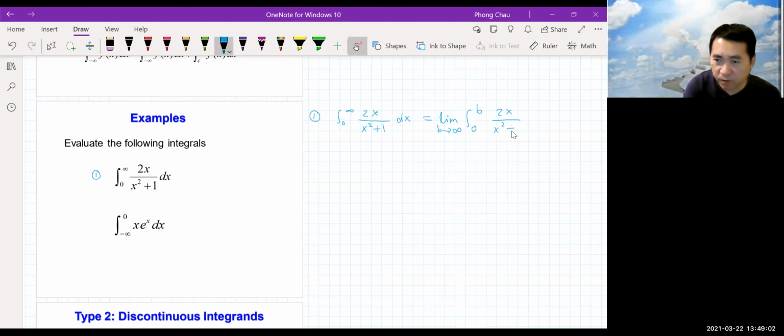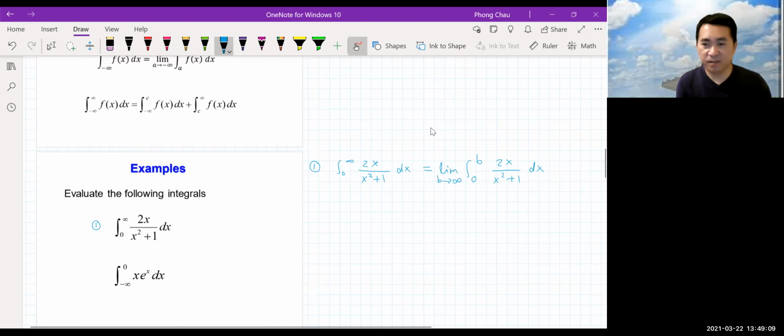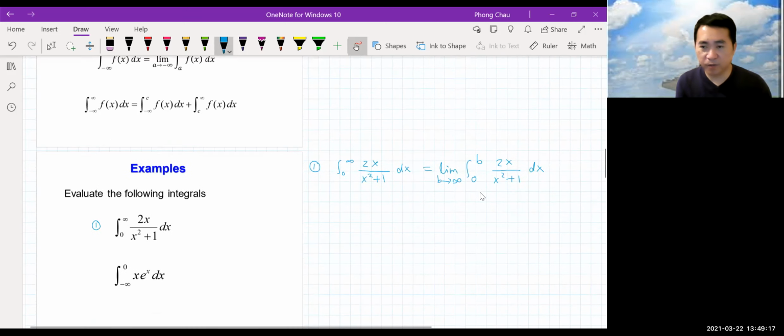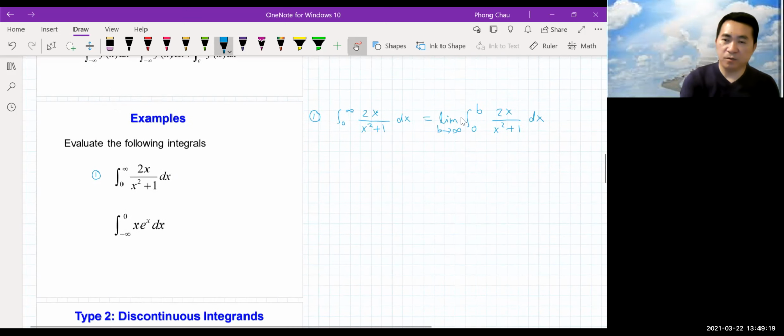However, if finding the antiderivative is easy, we kind of do it in one single step here, limit and integral. In this case, I can do it because it's pretty straightforward. What's the antiderivative of 2x over x squared plus 1? If you observe carefully, the denominator is x squared plus 1. What's the derivative of x squared plus 1? 2x.